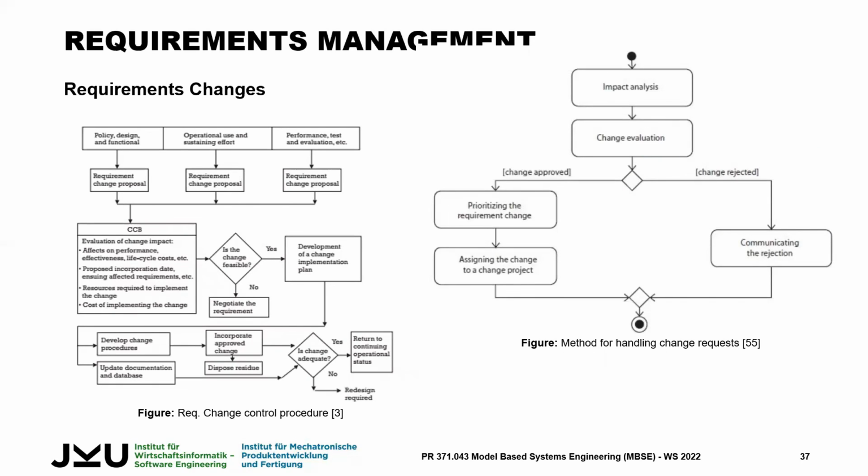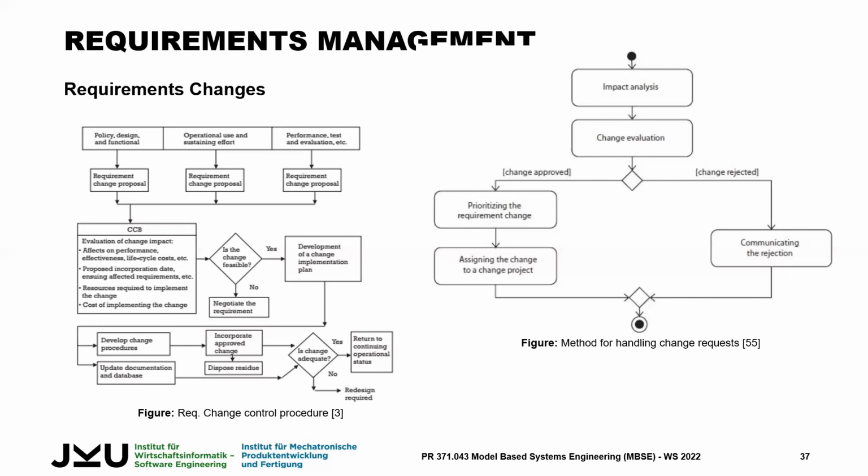So if you change a requirement, how are you going to react to this? Normally you have to analyze the impact if you change one requirement. So this is the situation. Let's say you have, I don't know, 100 requirements, and one of the requirements you would like to change. In this case, you have to identify what the impact of this requirement change is.